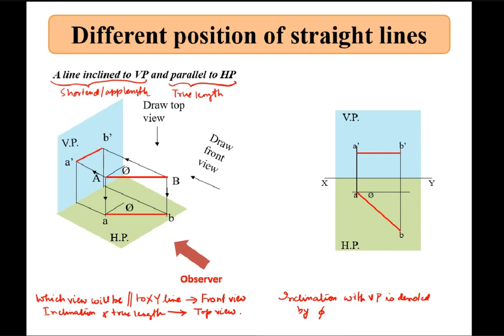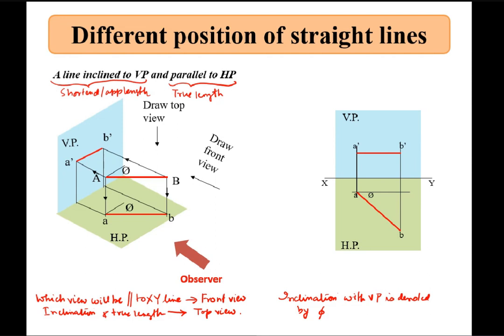Is it clear? Do I need to explain any problem related to this? No, sir. I just wanted to tell you something here. Students, am I audible to all of you? Yes, sir. Now, from the final diagram that was shown here, A dash B dash is the front view and AB is the top view.